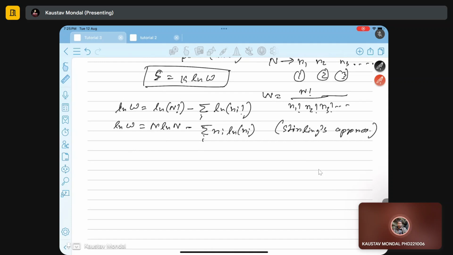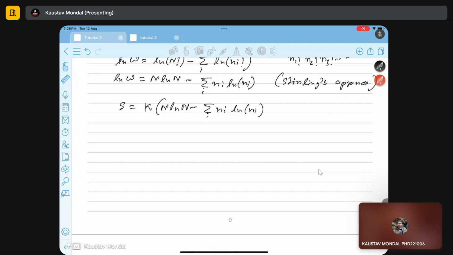Now that we have the ln W expression, from there itself we can calculate the entropy. So S would be simply k into N ln N minus the summation over i of n_i ln n_i.